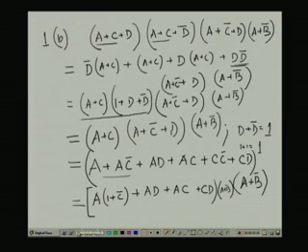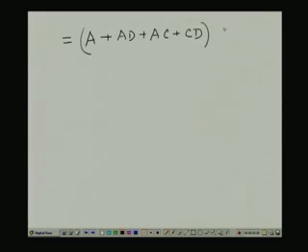Now, see 1 plus C bar is 1. So, this becomes A. So, this becomes A plus A D plus A C plus C D, this into A plus B bar.